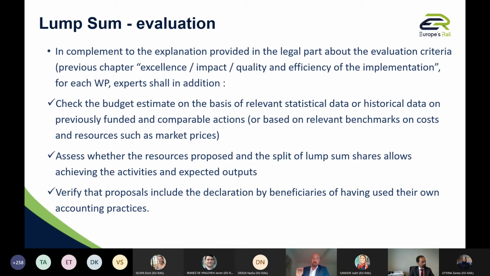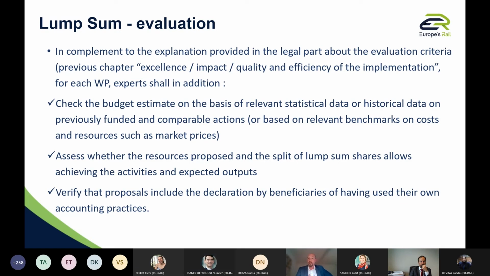Under the lump sum scheme, those additional checks are: check that the budget tables are evaluated as well when the expert makes the assessment of your proposal, compared with relevant statistical data, historical data on previously funded and comparable actions, or based on relevant benchmarks on cost and resources, such as market price. So would we have the assurance that the proposal you're submitting includes costs that are relevant for the need of the work package and the actions and so on?